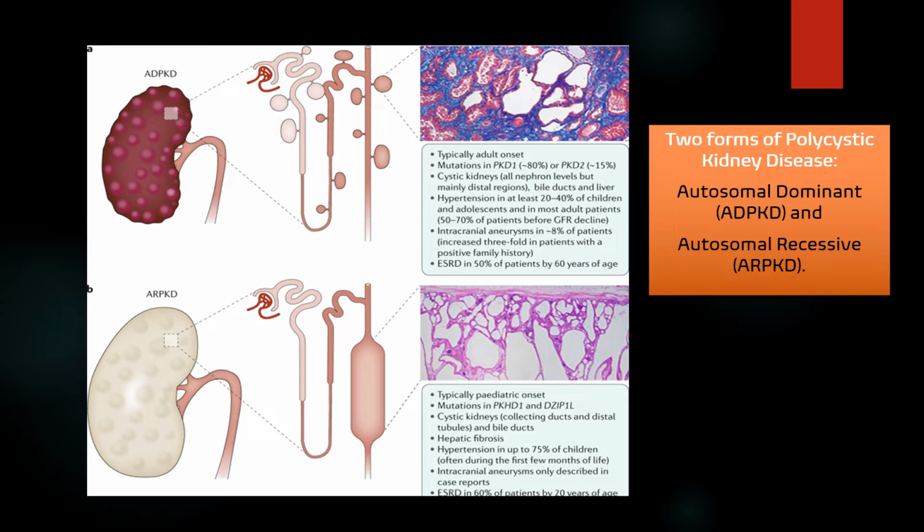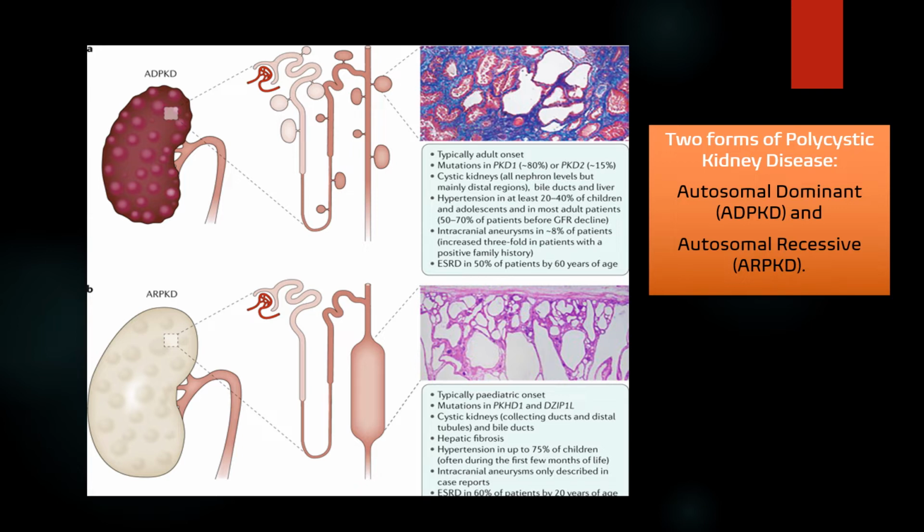What happens in cystic kidneys is the urine accumulates in and around the kidneys. Unfortunately, cysts start to form as a result of this accumulation in and around the anatomy around the kidneys.